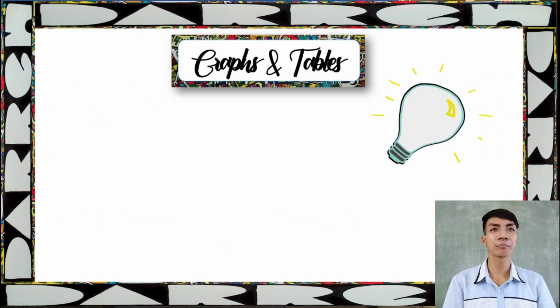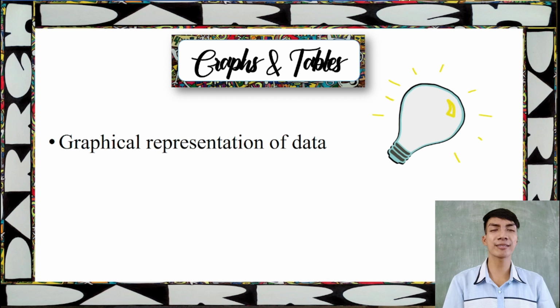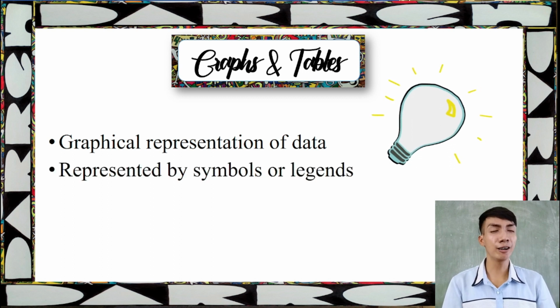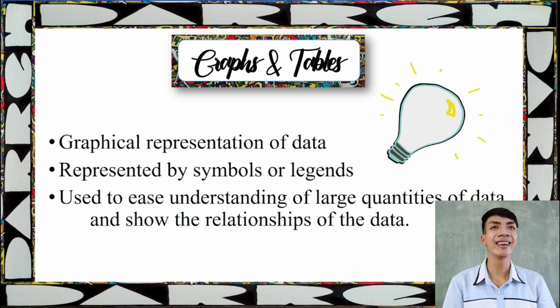To sum up, graphs and tables are graphical representations of data. They are represented by symbols or legends, and they are used to ease understanding of large quantities of data and show the relationships of the data.